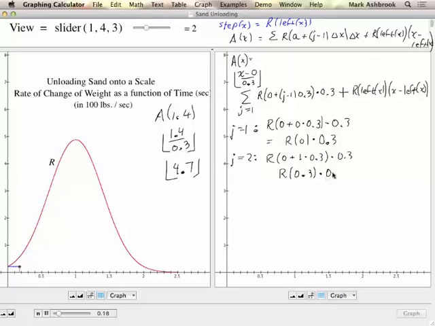So now we're talking about the second full completed interval right here. What's the rate of change? R of 0.3, there it is, times delta x, 0.3, gives that little bit of accumulation for the second interval.